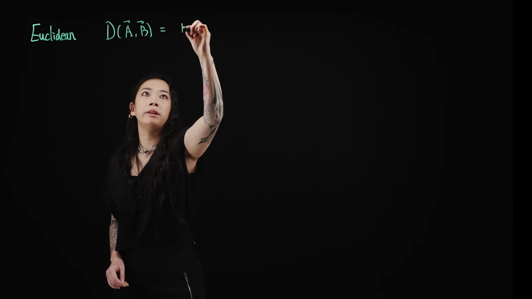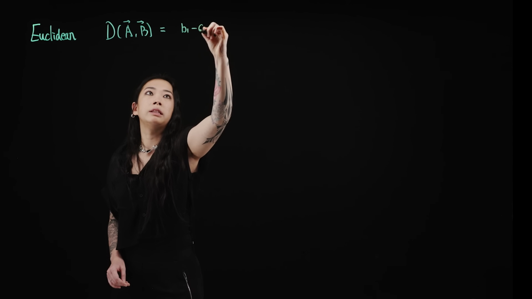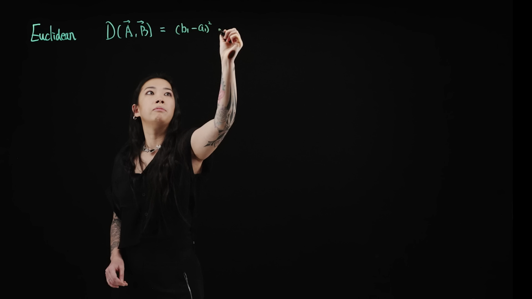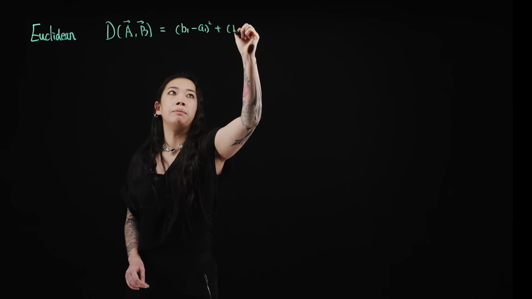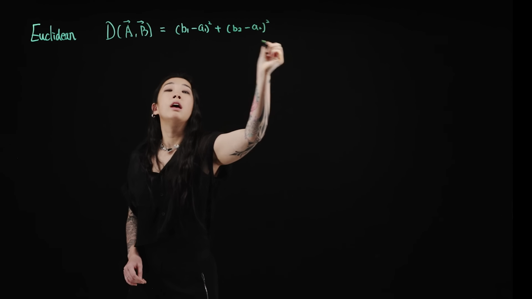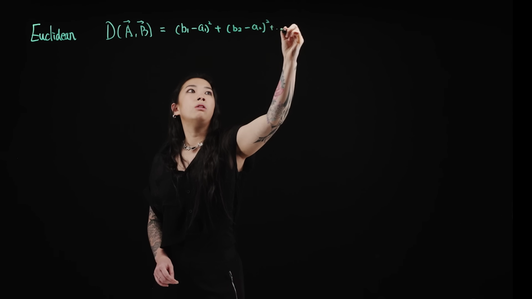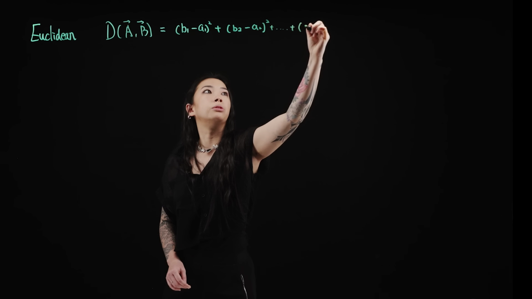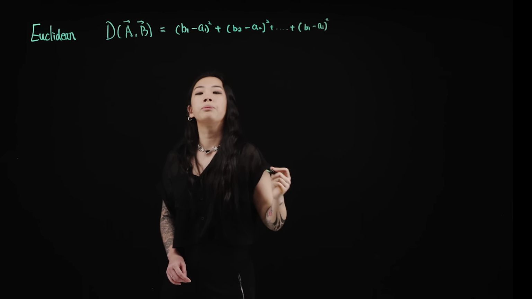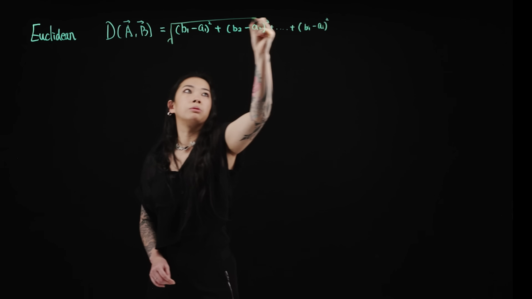So the first point is B1, take the similarity of the first point in A, plus the second dimension, or the second point in B, B2. We sum that across all dimensions, all the way to Bi, Ai squared. And we take the square root of that. The output is an unbounded scalar indicating the magnitude of their similarity.